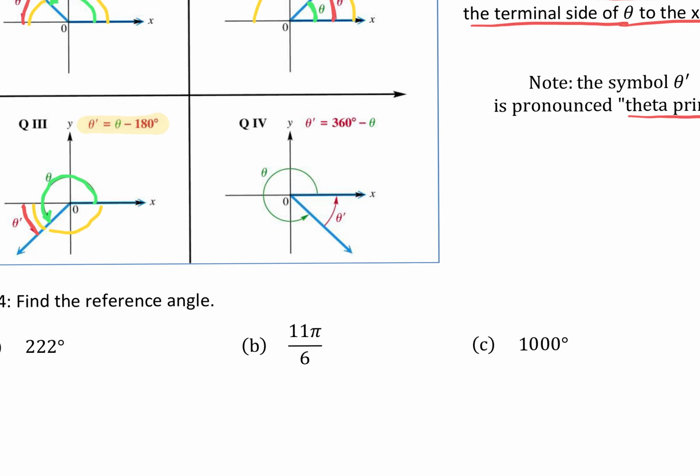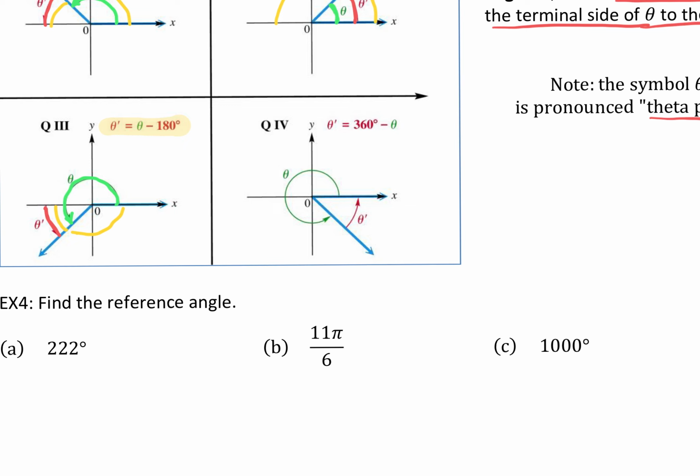In quadrant 4, our theta is going all the way around, landing in quadrant 4. When I look at that terminal side, I can keep going, or I can go back the way I came, choosing between those two angles.